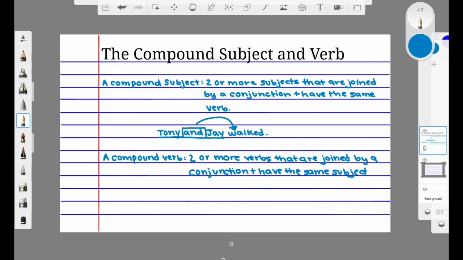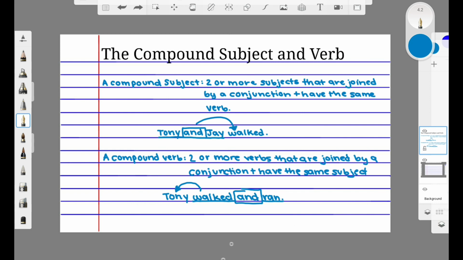So for example, if we just have Tony walked and ran, the compound verb is walked and ran because they are joined by the conjunction and they both have the same subject, Tony. And yes, we can combine both a compound subject and a compound verb.